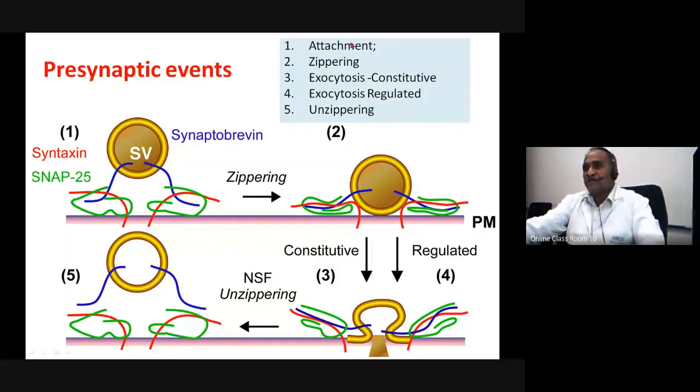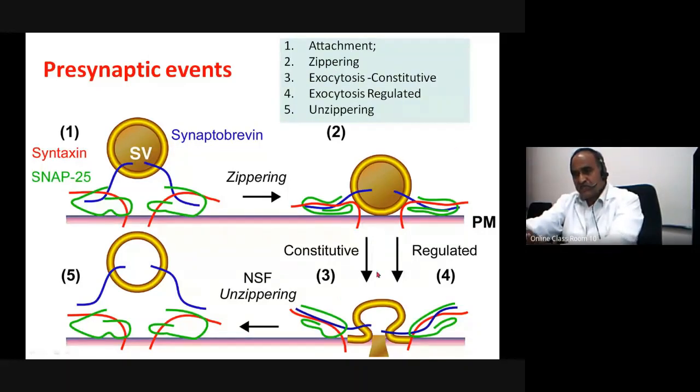So I have mentioned here 1, 2, 3, 4, 5. One is attachment. Attachment, with these things getting triggered, or what we call priming, and then comes zippering. So this is the second event. Then the exocytosis.